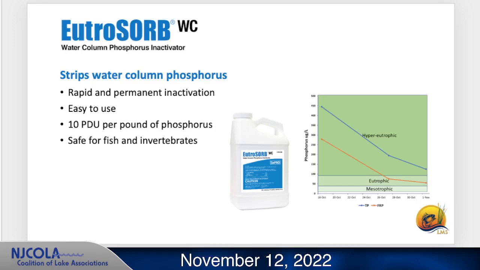But this is your free reactive and your total phosphorus. Okay, so really looking at the free reactive. If you can't read it, this is basically a 10-day, well, it's almost a 12-day, 14-day period. Okay, they're up at close to 300 micrograms, and it drops all the way down to below 50.